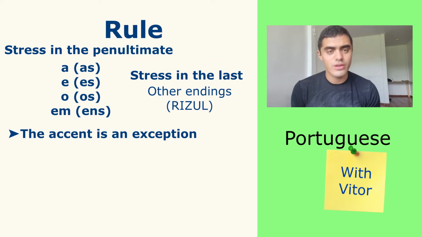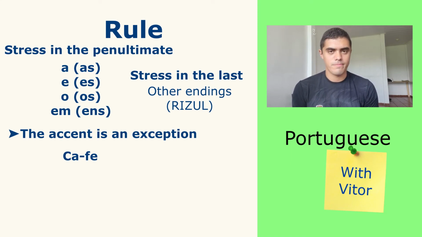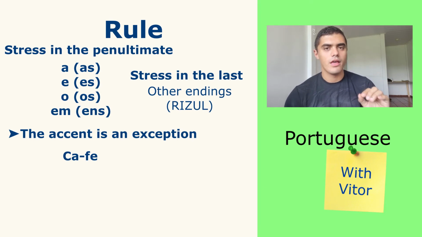Okay? Let's take a look at the first example. We have this word, written right here, and it means coffee. Read it. Pay attention. It ends with E. As it ends with E, it's in the first part, so it must be stressed in the penultimate.